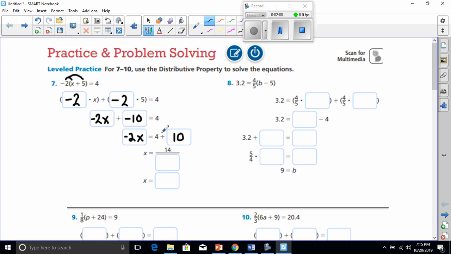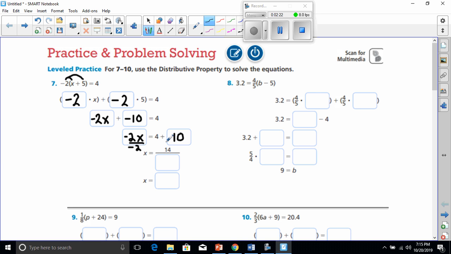Now that we know that, we see that we have 4 plus 10, and that's 14. But what gets divided? Well, we wanted the x by itself. To get x by itself, we would have had to divide it by -2. So that means whatever I do to one side, I had to do to the other.